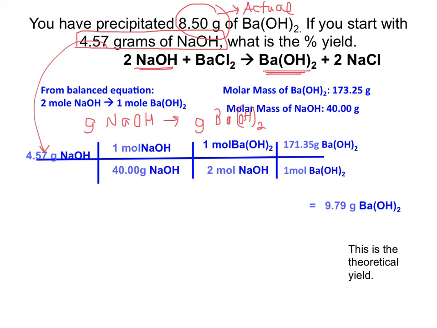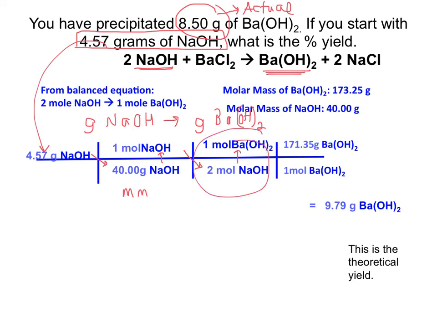So if you look at the equation below, you'll see that I'm converting my grams of sodium hydroxide to moles of sodium hydroxide, and I used molar mass. 1 mole equals 40 grams of sodium hydroxide. I'm then getting rid of moles of sodium hydroxide and going to moles of barium hydroxide.